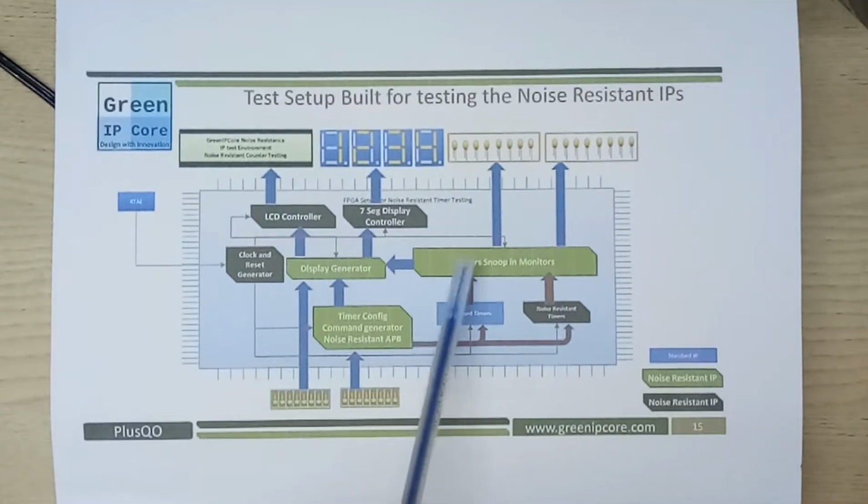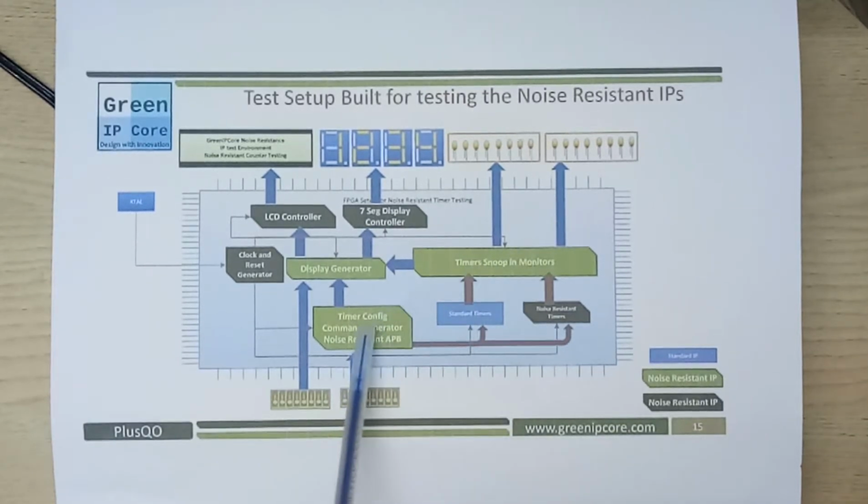So all these blocks, other than the normal IP, are built with noise resistance so that they can sustain the noise.